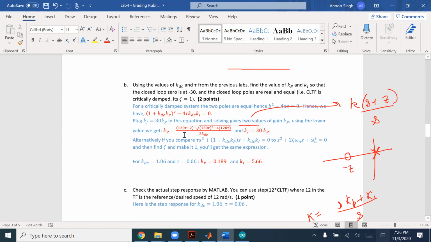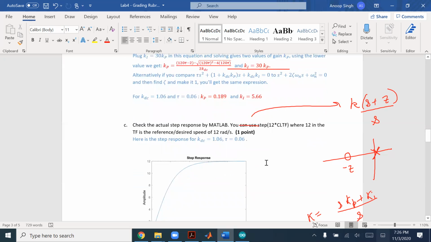Combining these two equations, the discriminant being equal to 0 and KI being 30 times KP, you can solve for the values of KP and KI individually. Furthermore, if you plug in that KDC is 1.06 and tau is 0.06, you can find the values of the KP and KI gains and check them in simulation.